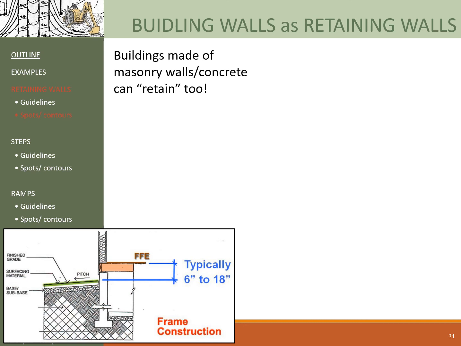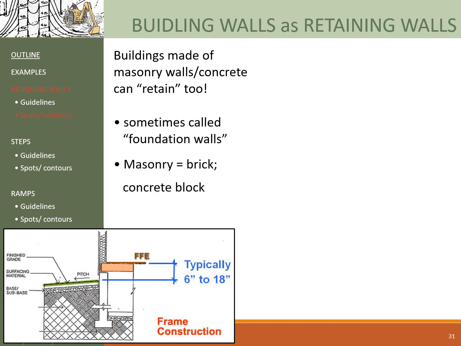Okay? For those of you unfamiliar with the term of masonry, it refers to the building of structures from individual units, which are often laid in and bound together by mortar. So think of brick buildings and those made of concrete blocks. Okay?